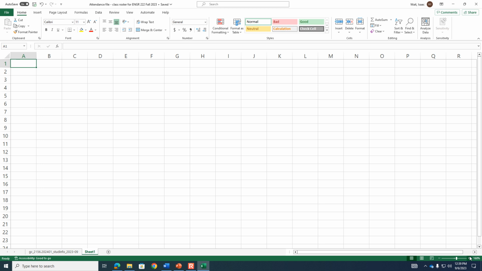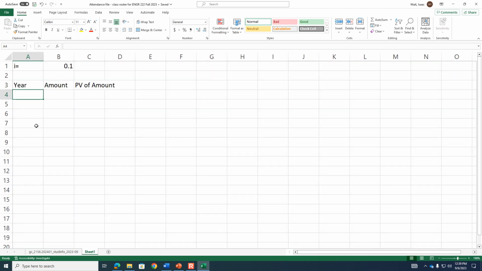So I'm going to put I equals, and then put in just like a guess interest rate to begin. So maybe 0.10, 10%. Down here I'm going to have year, amount, and PV of amount. Okay, so the years are 0 through year 5.